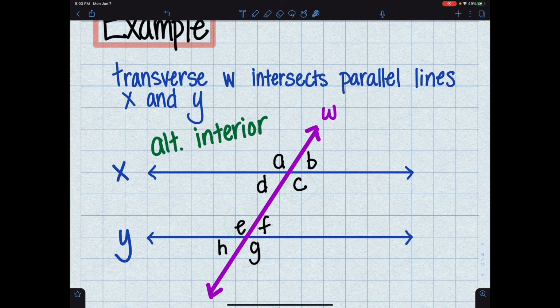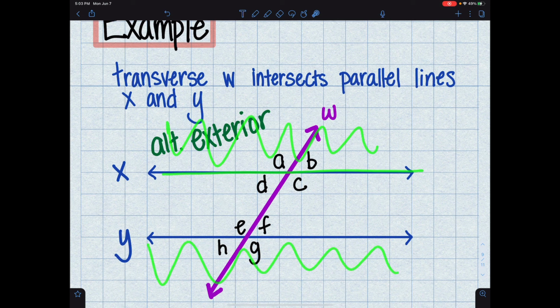Okay, now it says, name the pairs of alternate exterior angles. Alternate exterior angles. Okay, these are going to be the ones that are across the parallel universe, but they're not on the inside of the box, they're on the outside. So up here or down here.